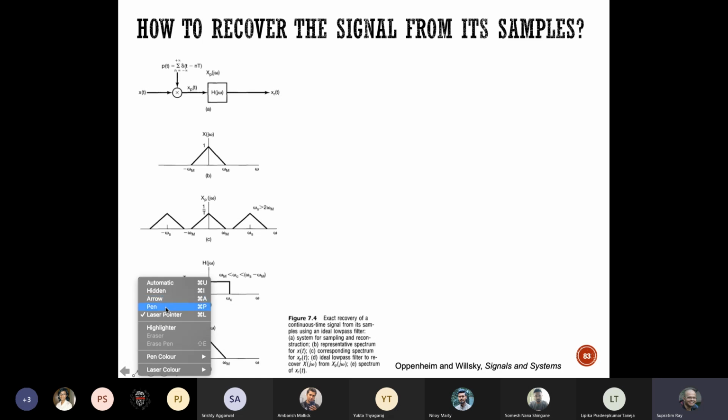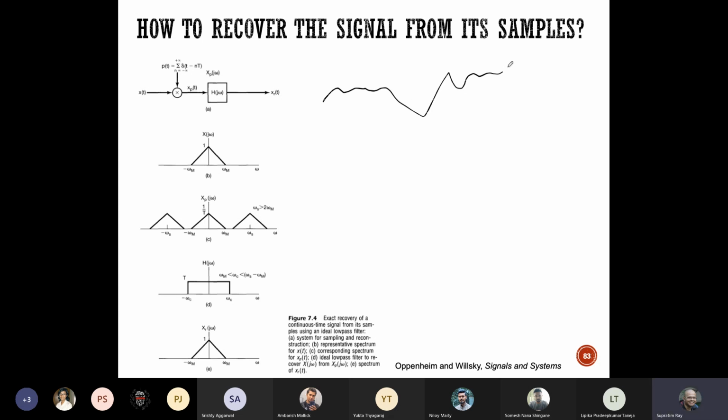Okay, so think about this. Let's see if I can draw now. So if I've got a signal that looks like this, and I give you samples, just samples like these.